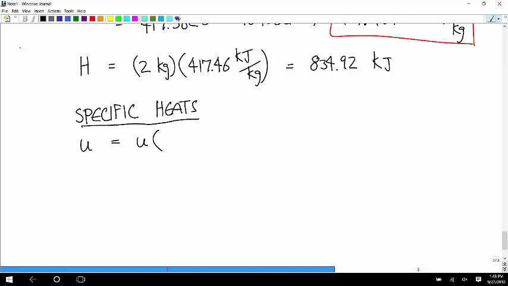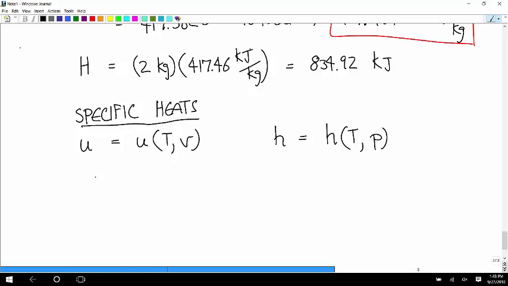To find the other properties, you need to define two of them. I'll think of U as a function of temperature and specific volume. And enthalpy we'll think of as a function of temperature and pressure. Okay, you could choose any two properties, but these are the ones we're choosing.